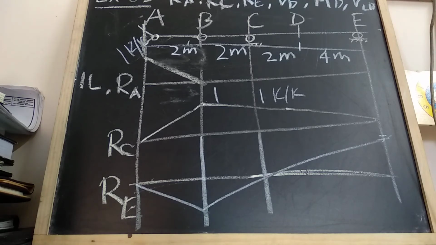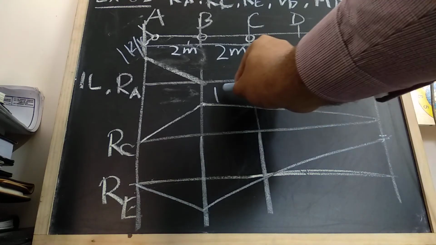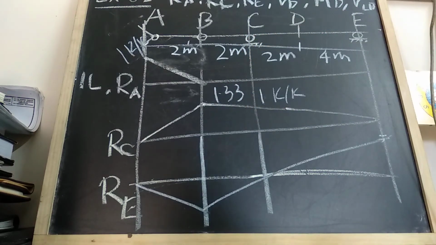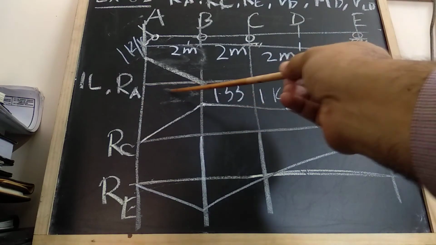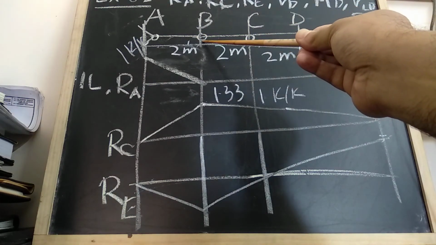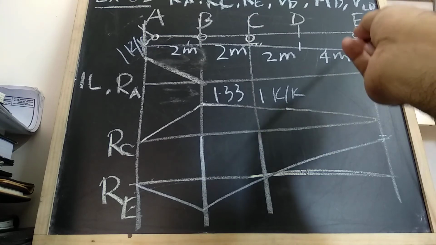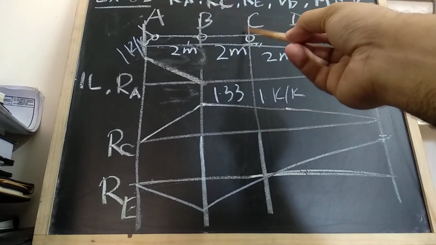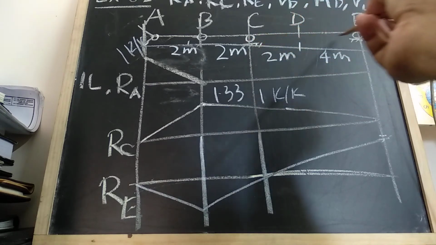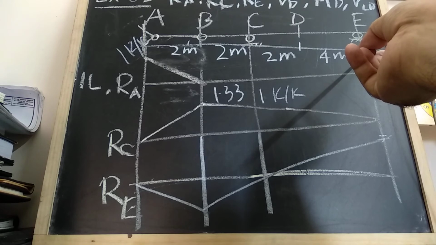So next is your reaction at C. If you calculate here, it will come 1.33. How will you calculate? You will calculate it many times, because when the one kip load comes here, the reaction at E and the reaction for this beam will be compression in one and tension in the other.